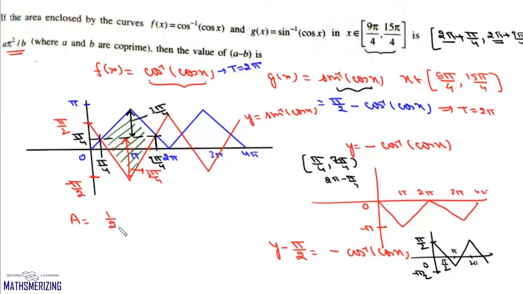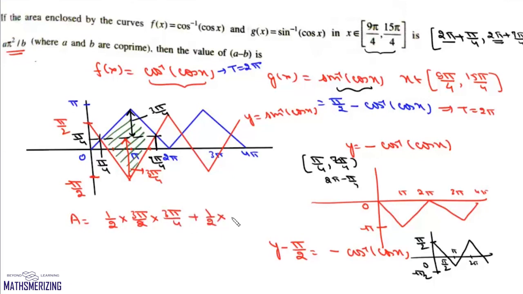1 by 2 and then the length of the base. The length of the base is 7 pi by 4 minus pi by 4, which is 6 pi by 4, that is 3 pi by 2, into this height, which is 3 pi by 4, and plus half.